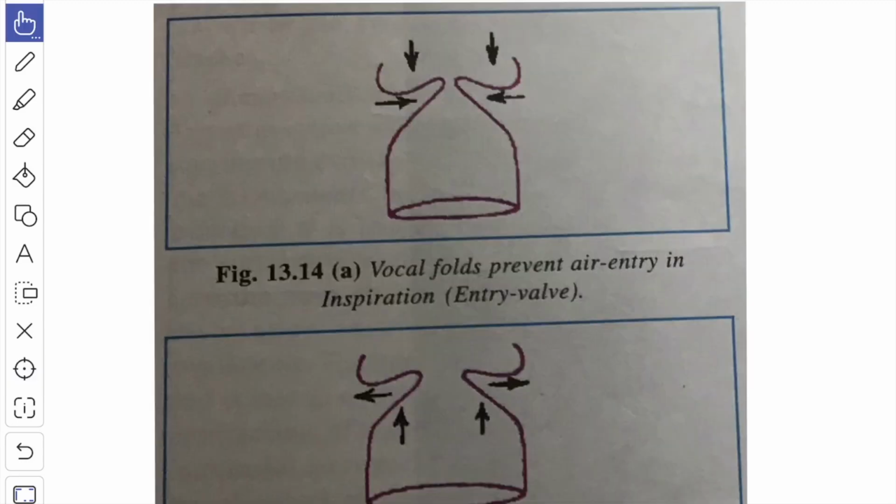Now we'll see the functions of the Rima Glottidis. Since the free margin of the vocal fold is directed upwards and medially, the Rima Glottidis permits the air entry during expiration and prevents the air entry during inspiration. Therefore, it acts as an entry valve.